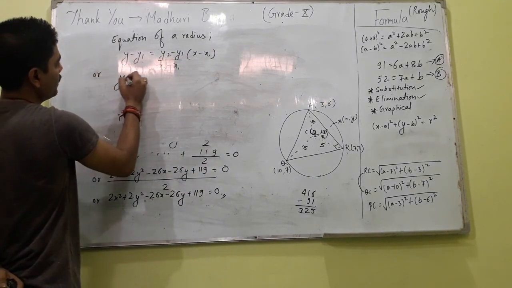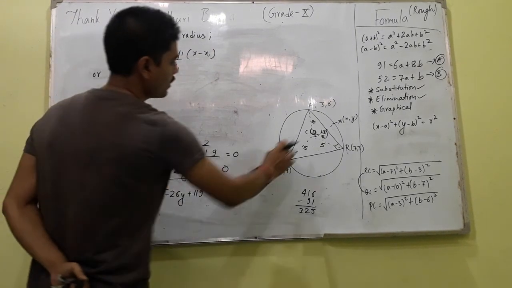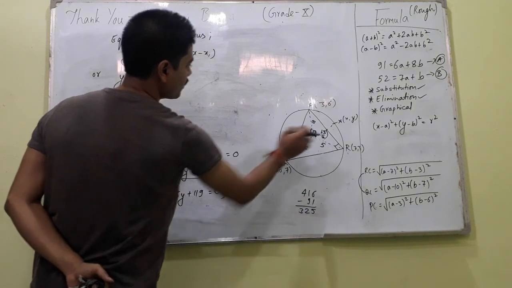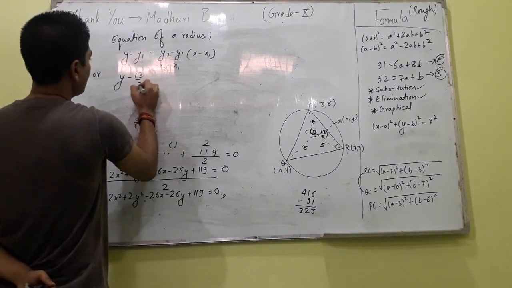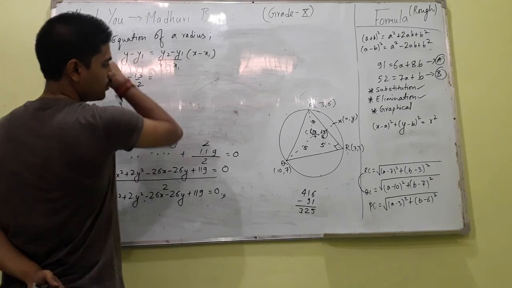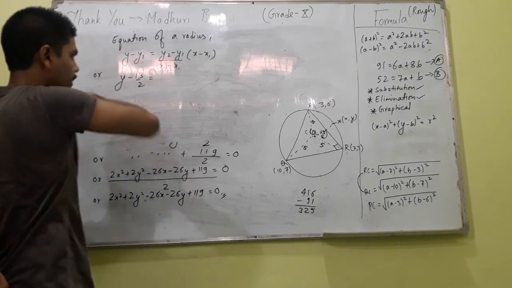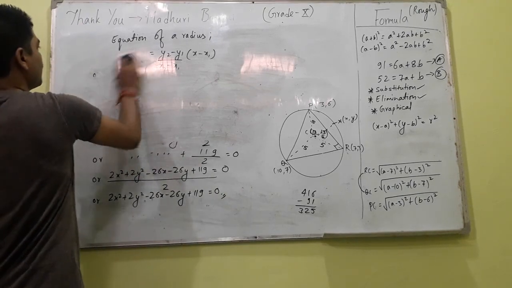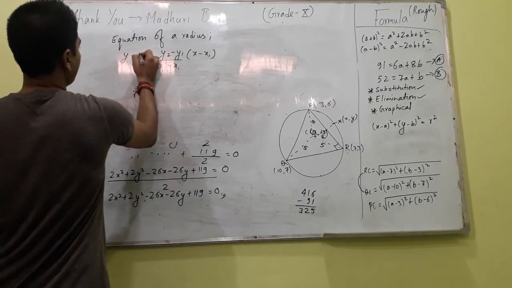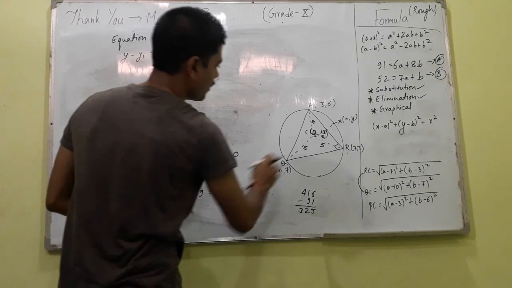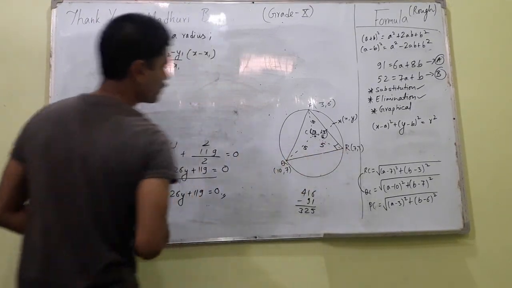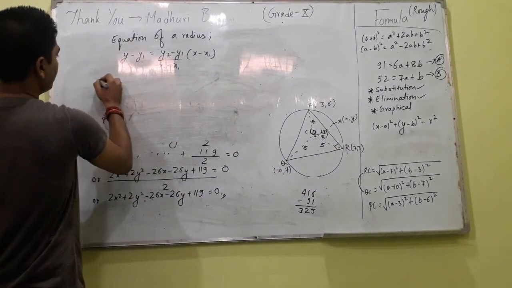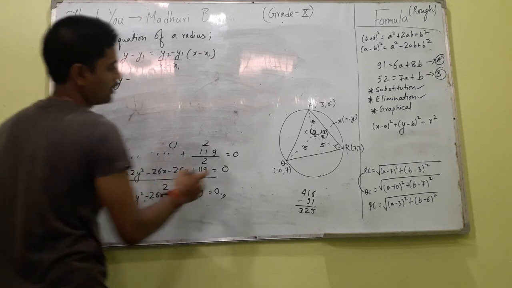You can take the point C, 13 by 2, and y2 minus y1, 2 points. Okay. The equation of radius can be taken by the help of these 2 points, C and R. If you take CR, then you get y minus y1.